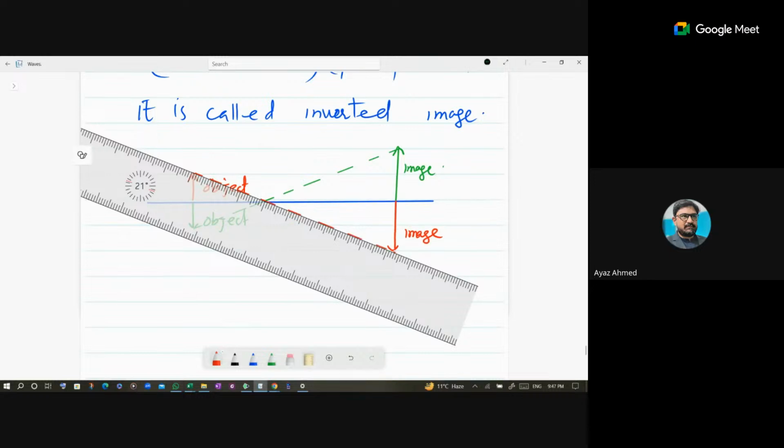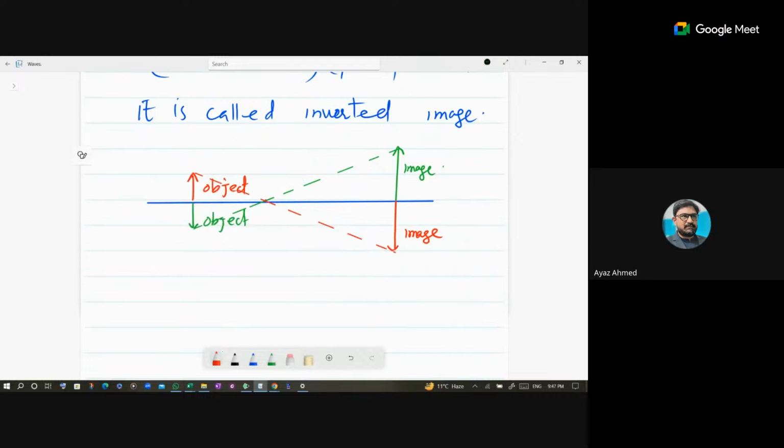This green shade is above where the object is, and below on the image side, and this red shade is above on the object side and below on the image side. So these images are real and inverted. Is it clear to both of you?